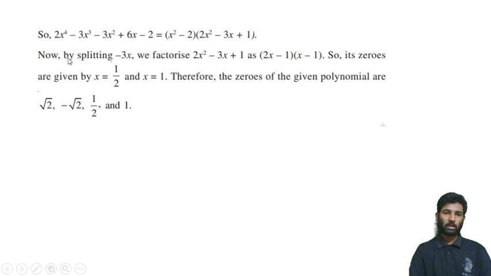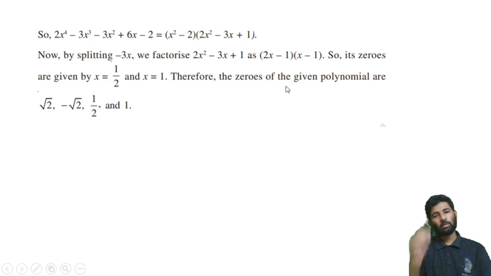Now this quotient we have achieved. So when you factorize this quotient, you will get two other roots. As you can see, when you split the value here and you factorize this polynomial, you get 2x minus 1 and x minus 1. So the final values, the value of the zeros will be x is equal to 1 by 2 and x is equal to 1.